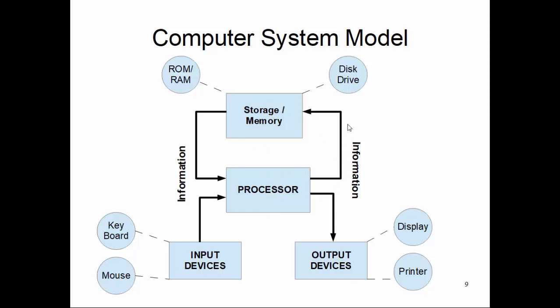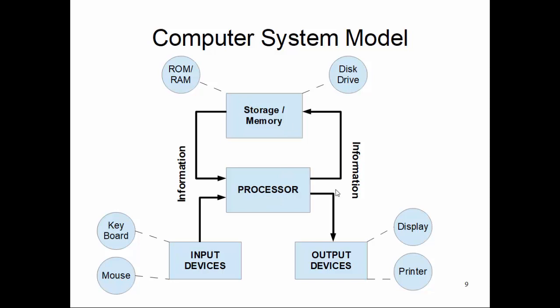It can send and store information inside memory and retrieve a piece of information stored inside the memory as it needs. So it can store into the memory, it can read from the memory. Information flows both ways, out of the processor into the memory, and out of the memory into the processor.